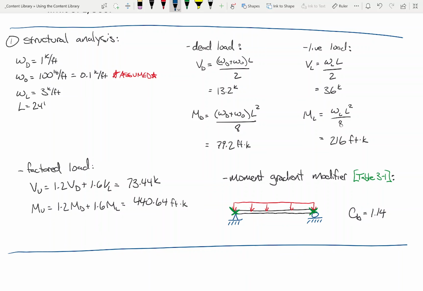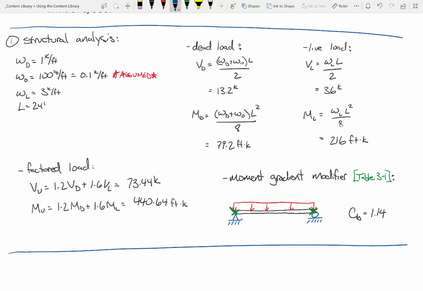All right. So just to make sure we've got a nice little record of what we've left step 1 with, I'm going to write some stuff here on the board. We know that VU is 73.44 kips, and we know that MU is 440.64 foot kips.